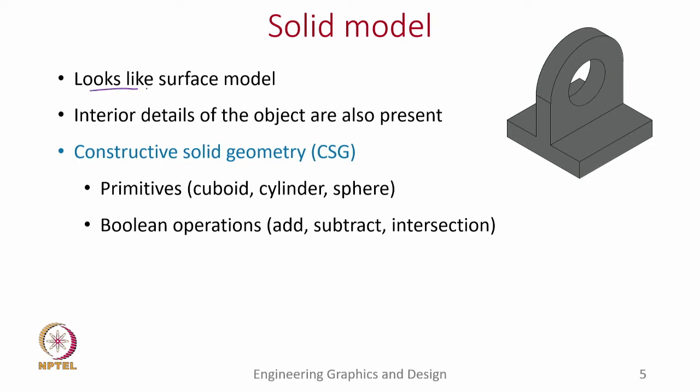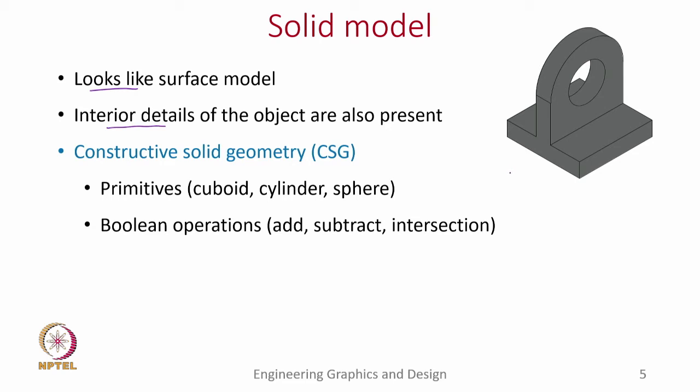If you look at the object on a monitor, it looks exactly like the surface model, but the difference is that the interior details of the object are also defined. For example, looking at this object shown on the slide, can we answer whether the inside of the object is empty or is a solid block?